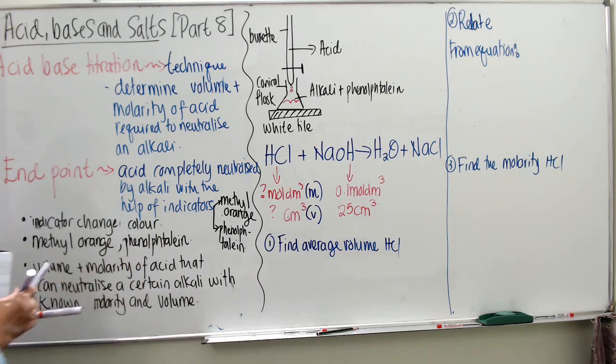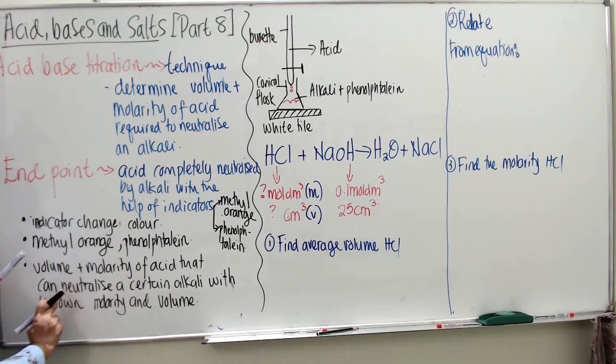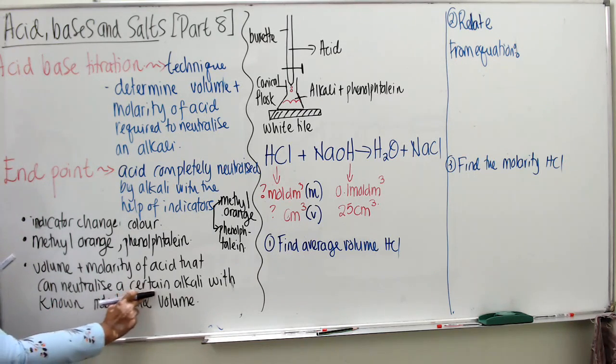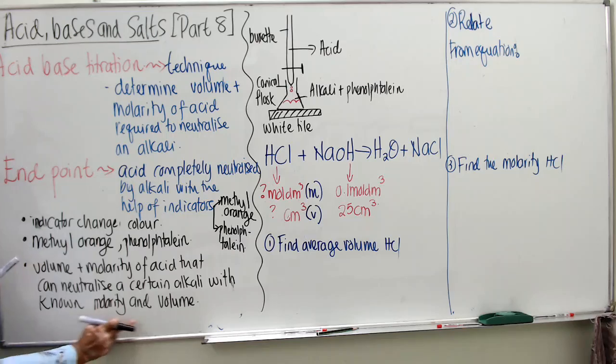So allow me to repeat. What teacher meant by this is that thanks to endpoint, using titration technique, you can determine the volume and molarity of acid needed to neutralize a certain alkali with a known molarity and volume.